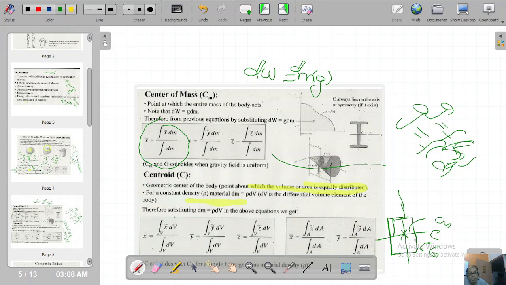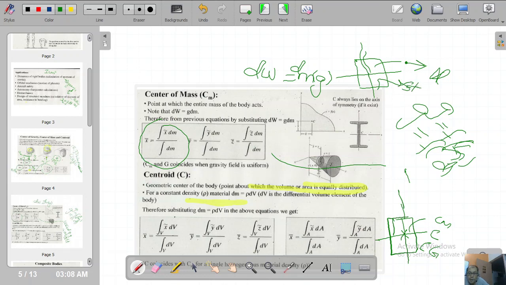Another scenario is if we have the same body with this vertical axis, where the top is made up of, say, aluminium, and the bottom is made up of, say, steel.